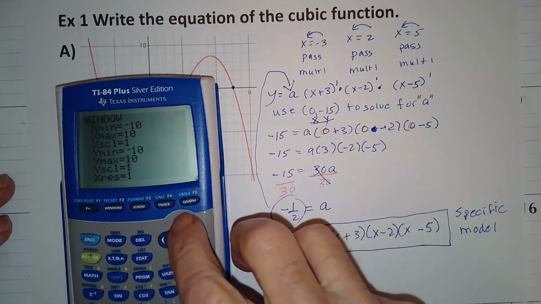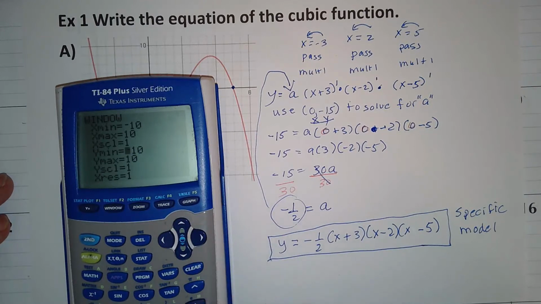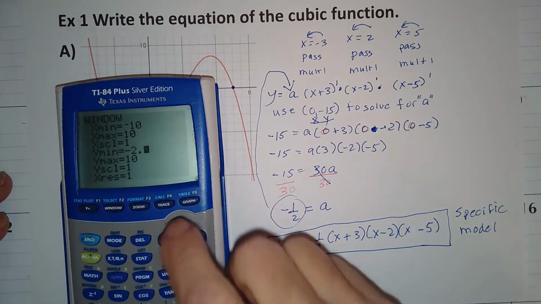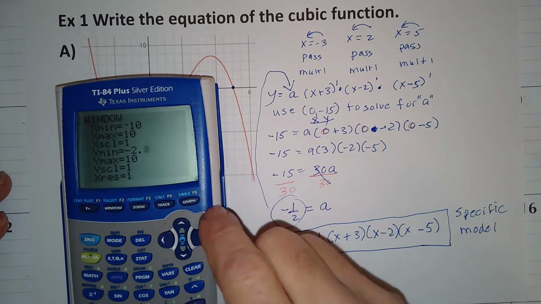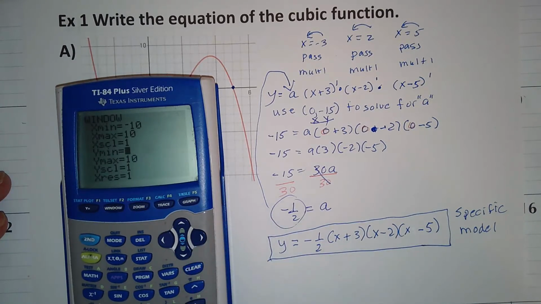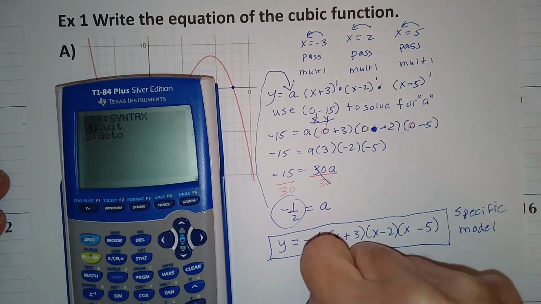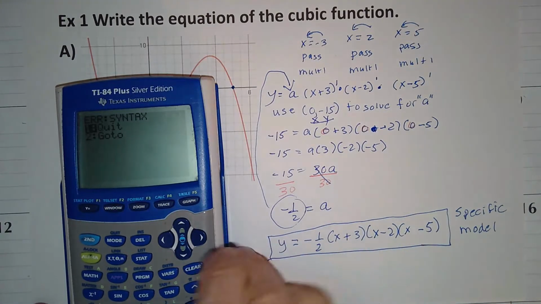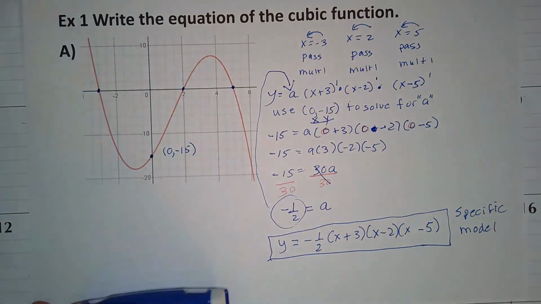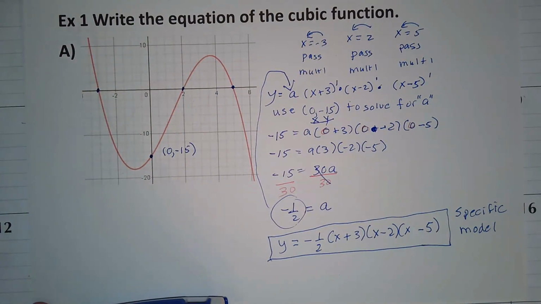Y min. Negative 20. Hit enter. Well, guys, all right. So obviously I can't do that with this thing because it is not working right now. I'll try batteries later, see if that works. But my little graphing calculator is not going to work for us. So I'm going to just put it to the side.